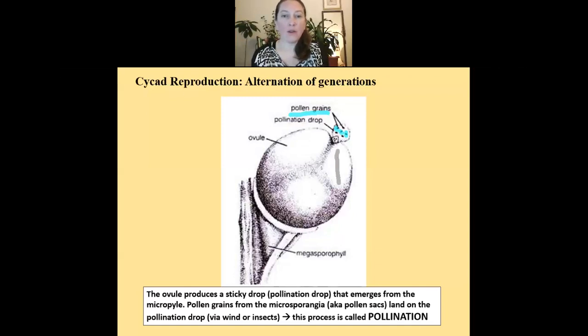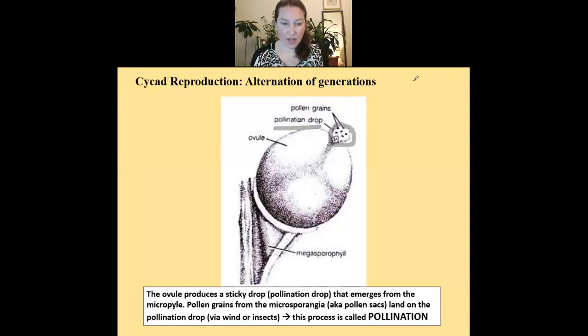Part of the way their luck increases is that the ovules secrete this thing, which is called a pollination drop. So at the entrance of the micropyle, this little wet drop will, when the ovule is ready, come out, and that will help capture pollen grains that are floating by in the wind.